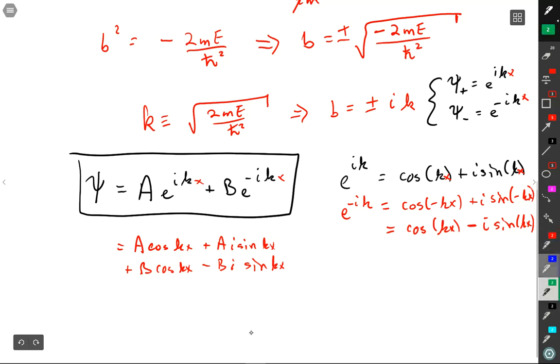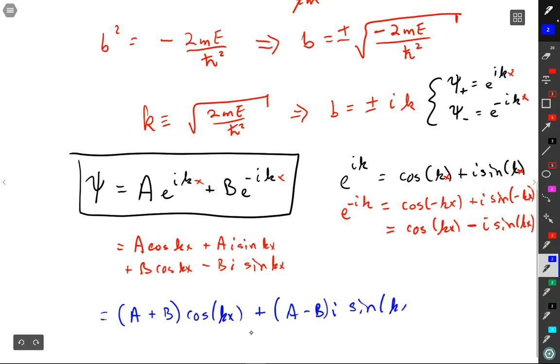Combine those, that's equal to a plus b cosine of kx plus a minus b i sine of kx.